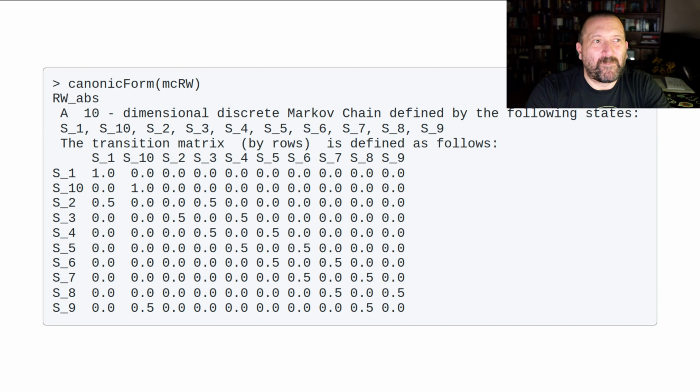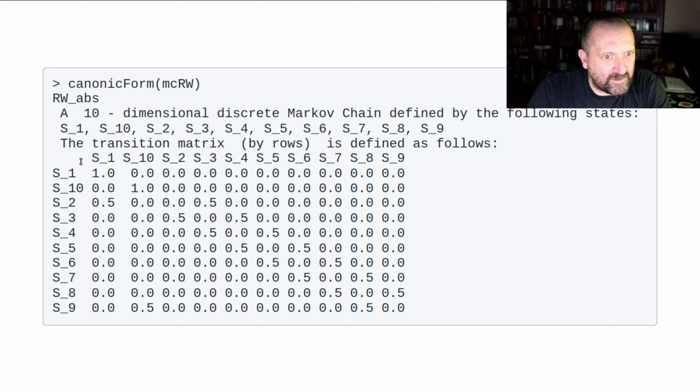So one thing we can do is ask for the canonical form. And I should point out, we could have asked for the canonical form in the regular random walk case, but what we would have got is exactly the transition matrix. But here, look, it's done exactly what we were discussing. It's put the states as S1, S10, and then the transient states.